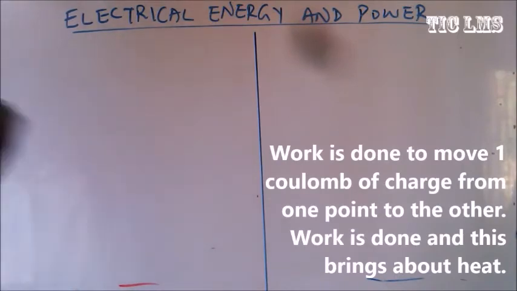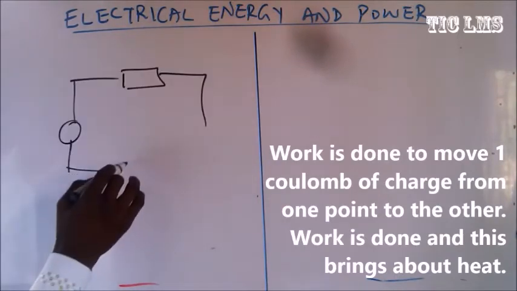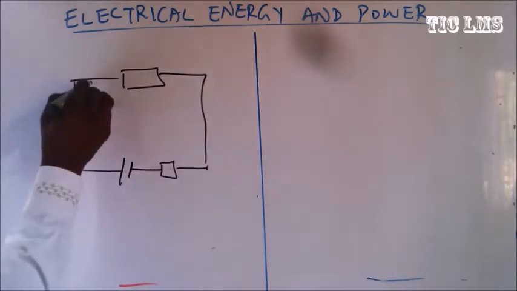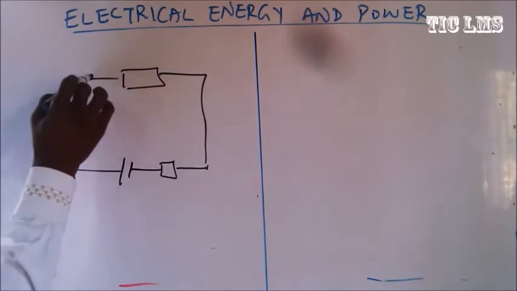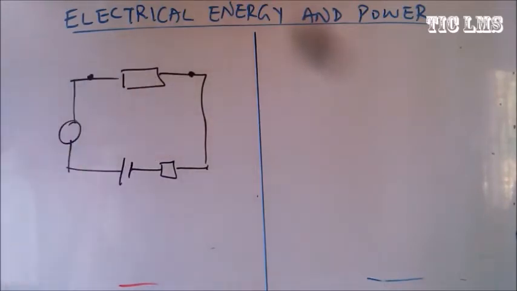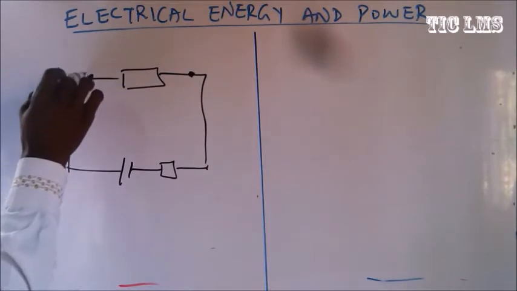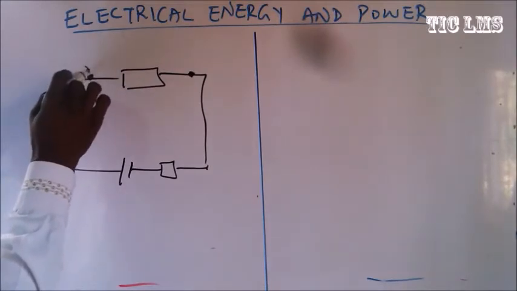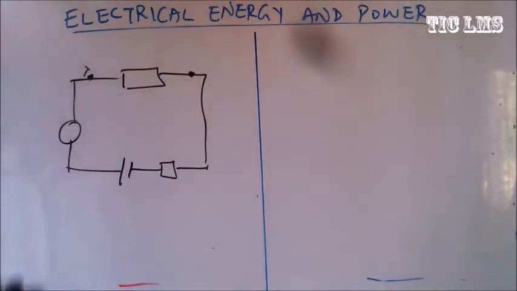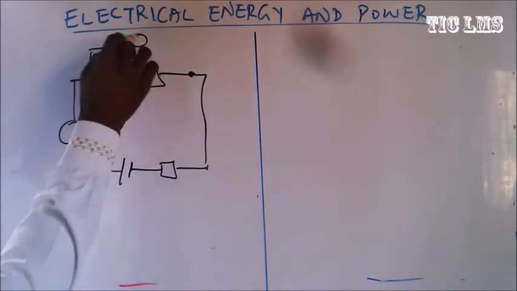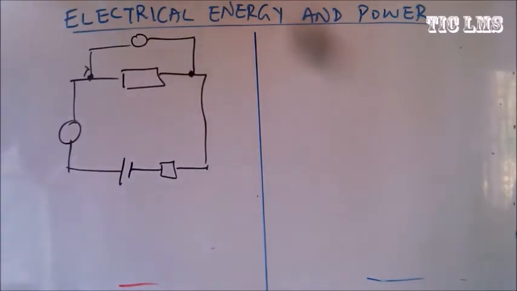So for instance, if you have a circuit such as this and you need to move a charge from one point to another, work is done to move the charge from this point to the other, and for work that is done there will be a potential difference across the points.